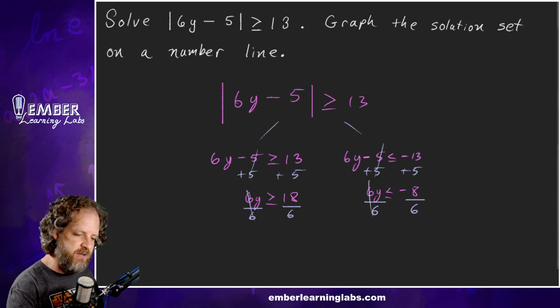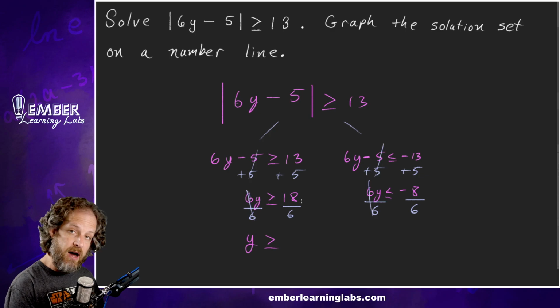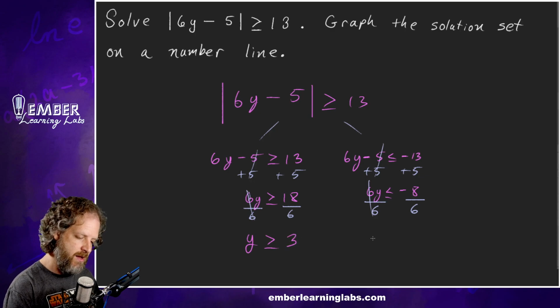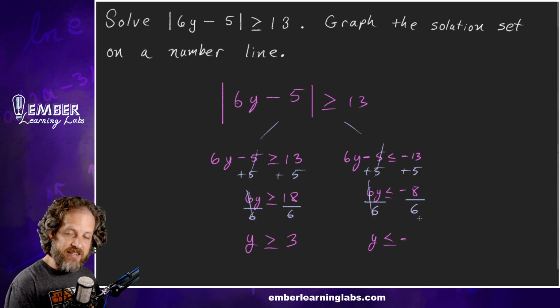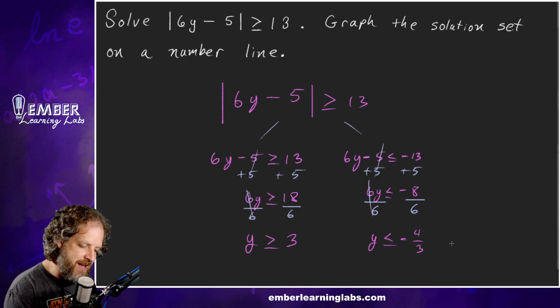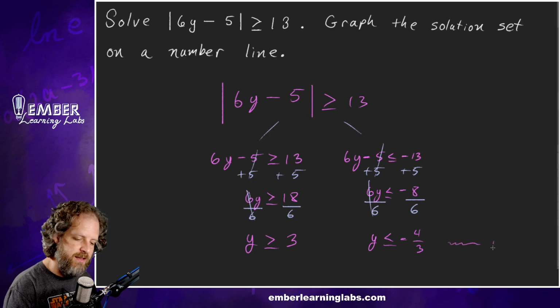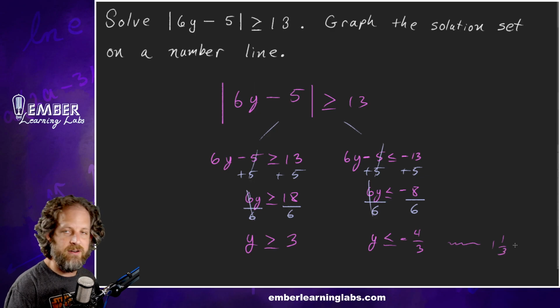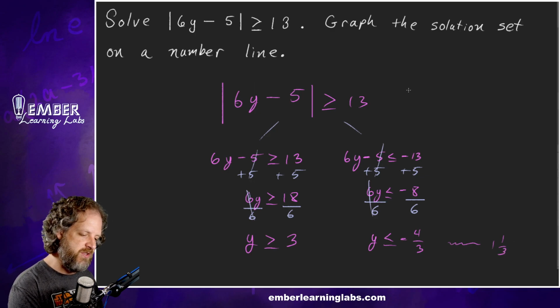Those cancel, leaving us with y is greater than or equal to +3, or y is less than or equal to negative 8/6, which reduces to negative 4/3, which is negative 1 1/3, right?